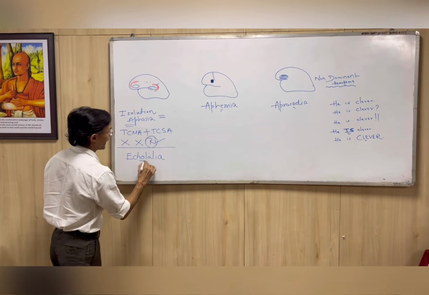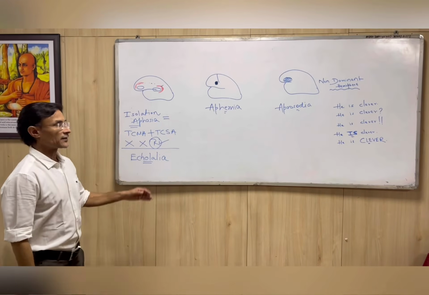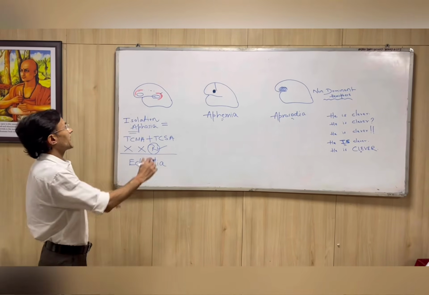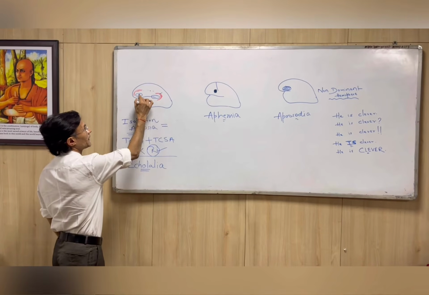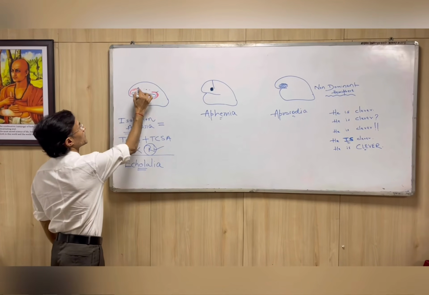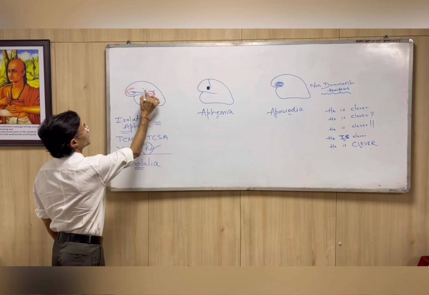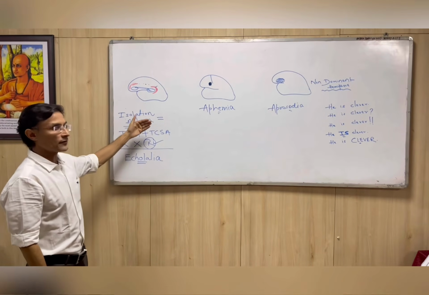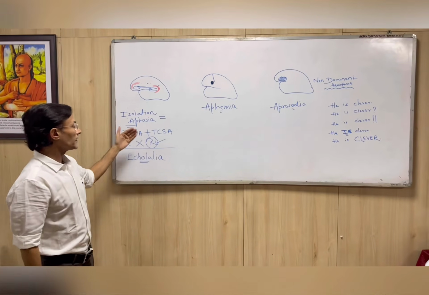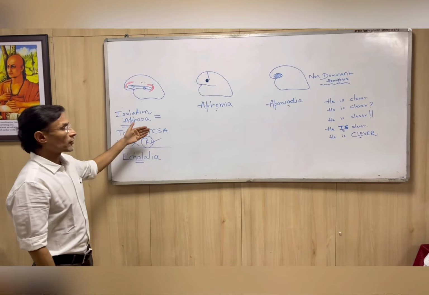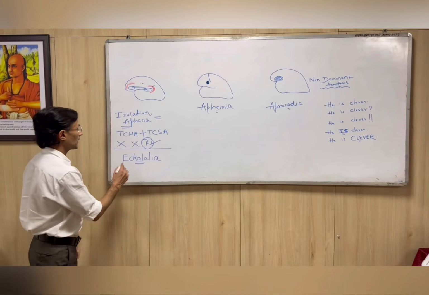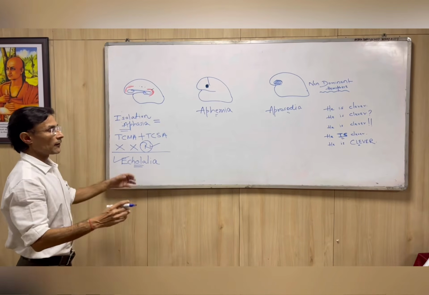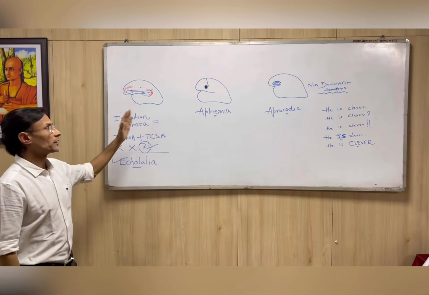So echolalia is a characteristic presentation of isolation aphasia, where the association cortex of the language network is damaged, sparing the core language network. This is a summation of transcortical motor and transcortical sensory aphasia. What you remember is echolalia, repetition is intact, and all other combined features of Broca's and Wernicke's would be there.